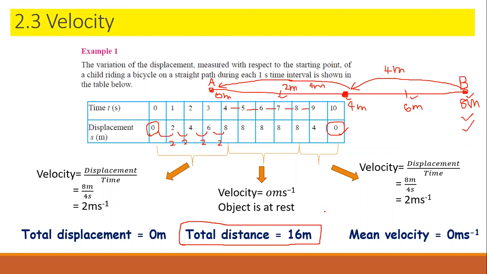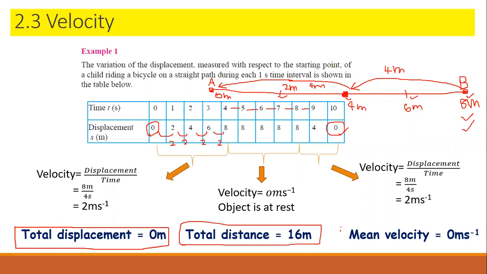So here it should be 16, but the displacement, total displacement is 0. It is 0. It doesn't have a magnitude. It's just 0. Then here we can find the speed, but we can't find a velocity.